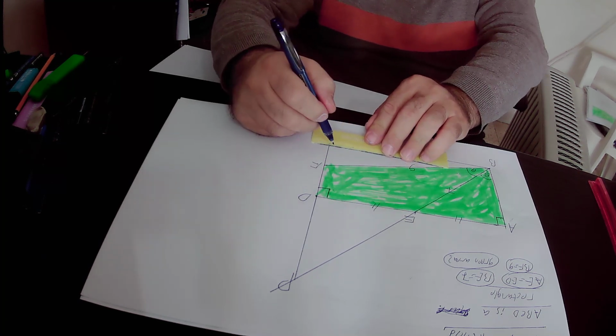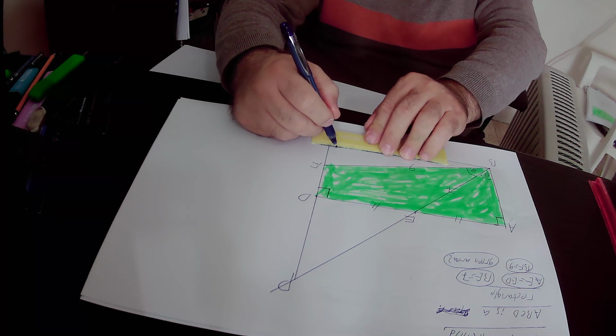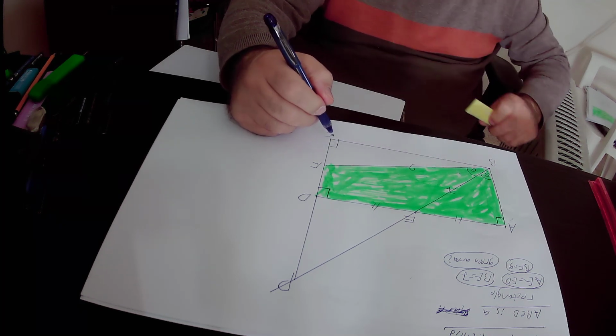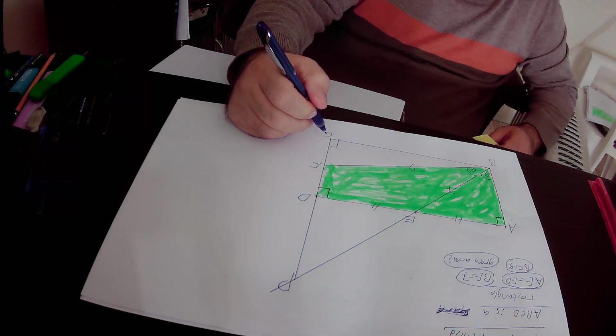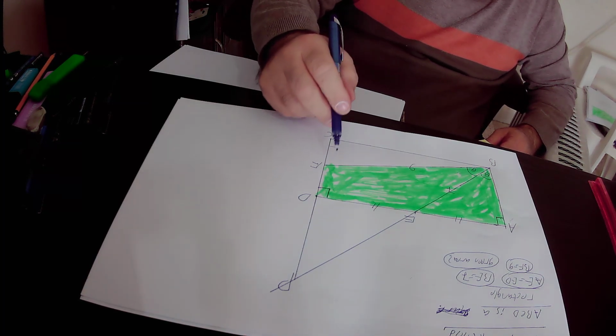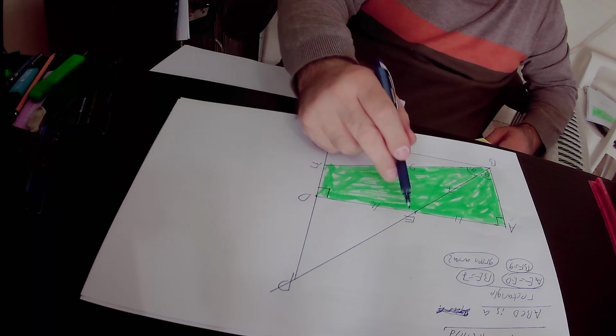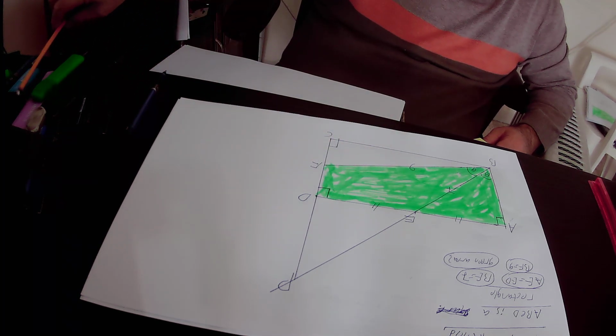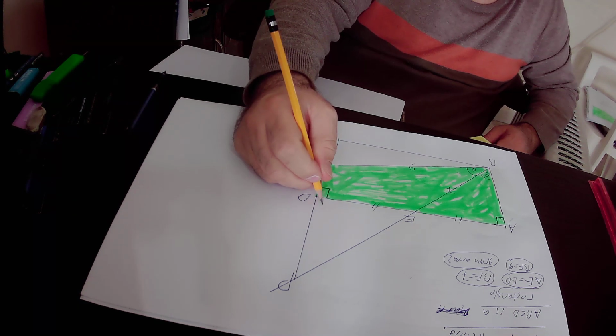As this angle is a right angle, it equals 90 degrees. So we will define angle PDE as x, and we will find out the value of angle x.